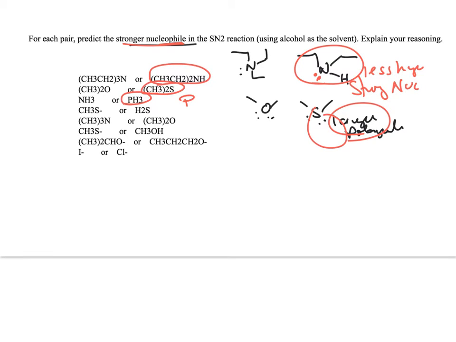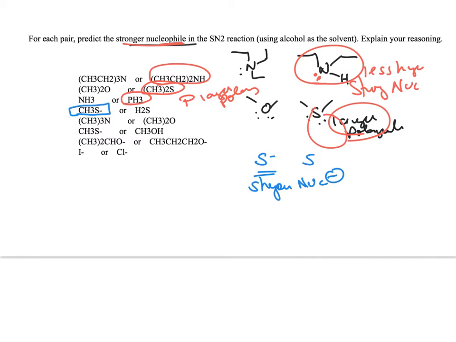Phosphorus is larger and more polarizable than the nitrogen. Between these two here, you have sulfur with a negative charge. When you're comparing two atoms that are the same, the negative charge is going to be a stronger nucleophile.